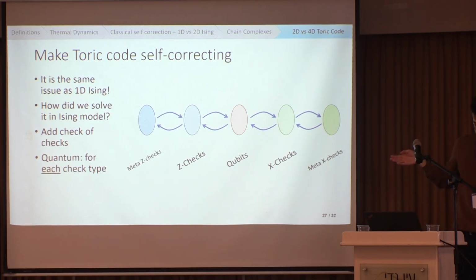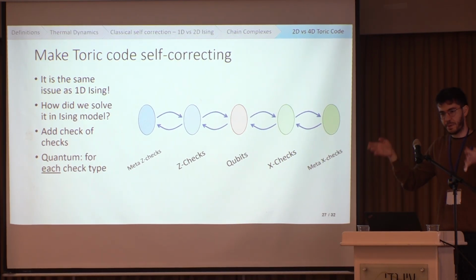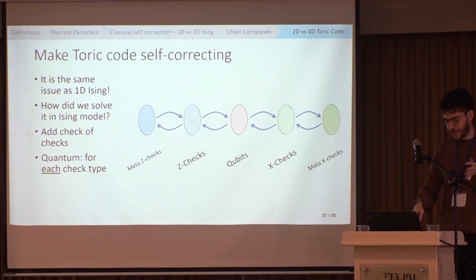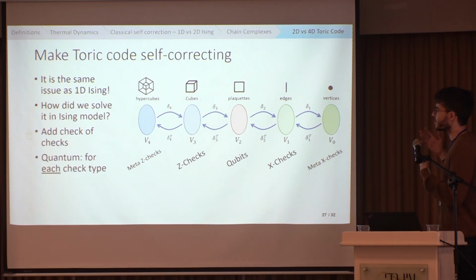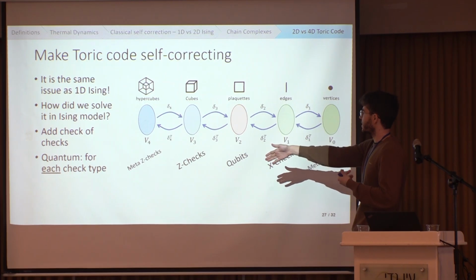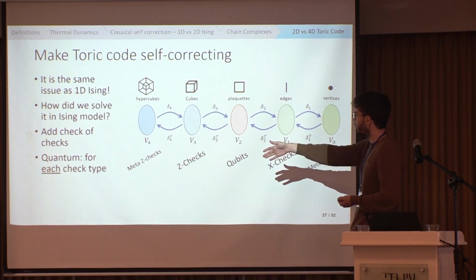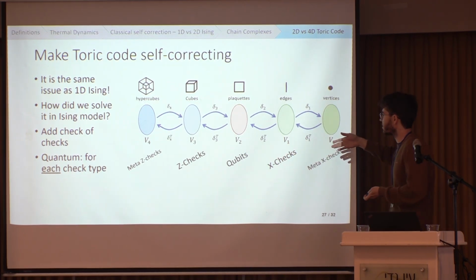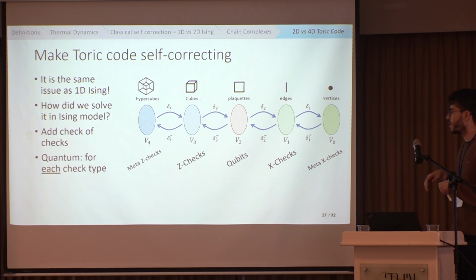Now we take this chain complex and we need to embed it in Euclidean space. So this results in a 4D toric code, where now Z checks sit on cubes and X checks sit on edges, qubits sit on plaquettes, and instead of having non-contractible 1D loops, we have closed manifolds.